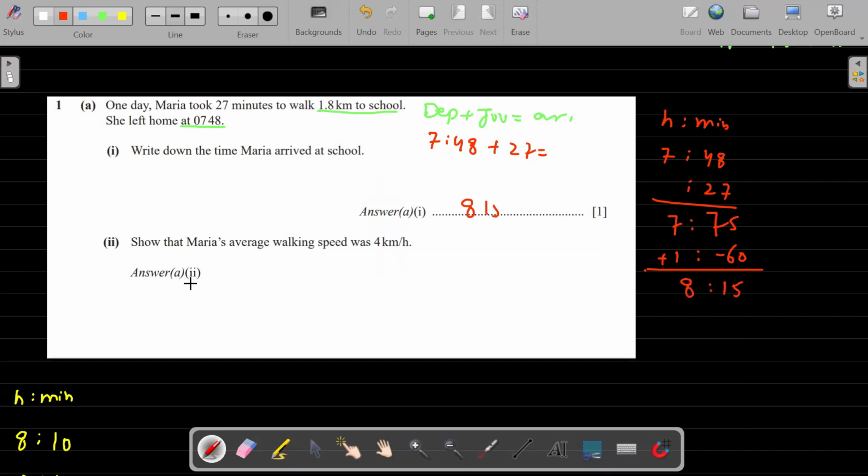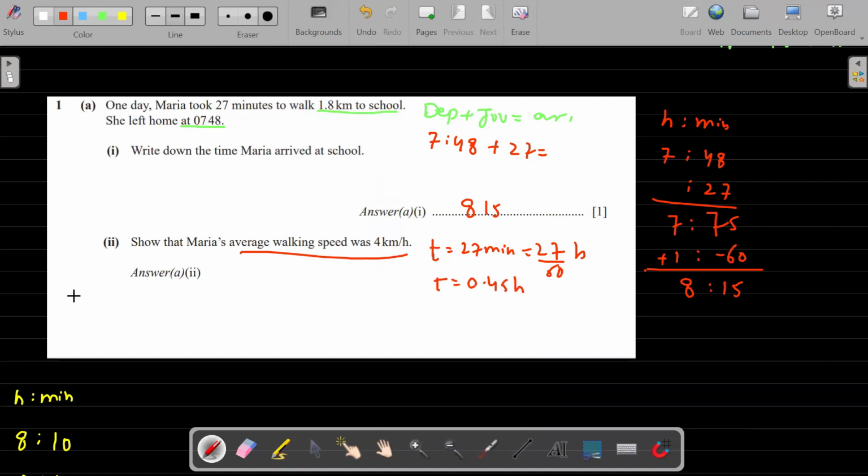And now the question asks for my average walking speed. We need to calculate speed in kilometers per hour. So first, let's convert the time, which is in minutes, into hours. The time is 27 minutes, so it will be 27 by 60 hours, which is 0.45. So time is 0.45 hours.